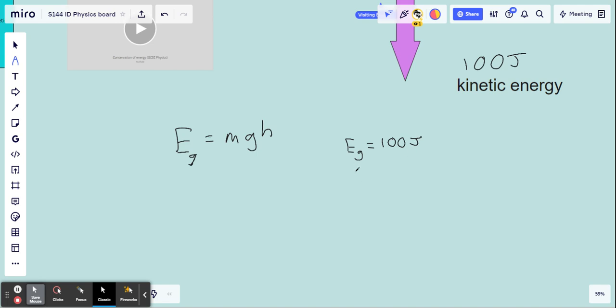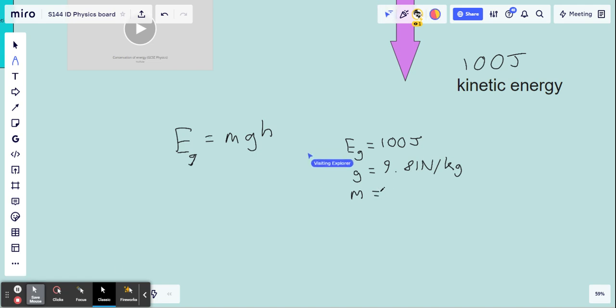If we assume that the question is set on Earth, then we know that the strength of gravity is 9.81 newtons per kilogram. It can also be written as meters per second squared, but let's just write newtons per kilogram.